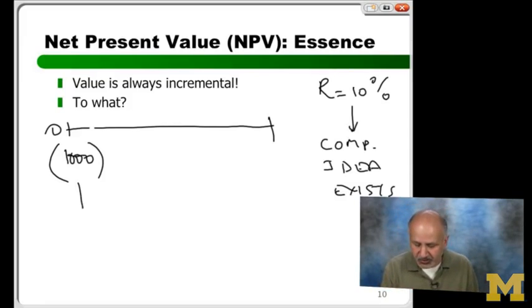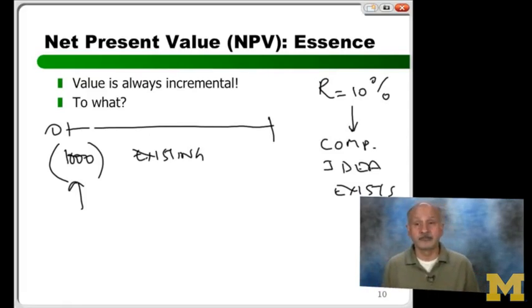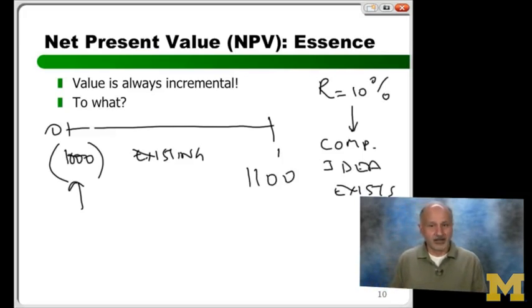So suppose he took this money and put it in an existing business that was similar. How much would he make? Very simple. You have to calculate the future value of $1,000 one year from now. Don't tell me you can't do it. You can. It is 1,100. Do you get it?